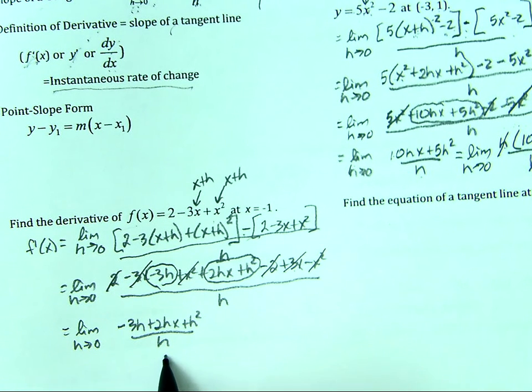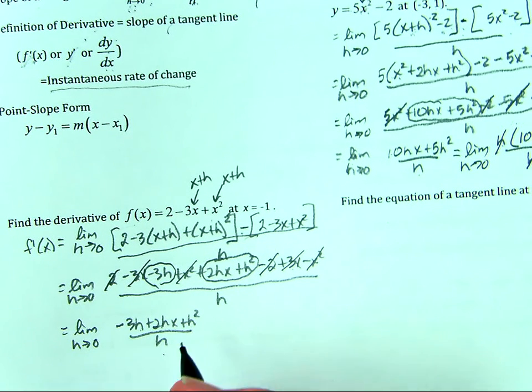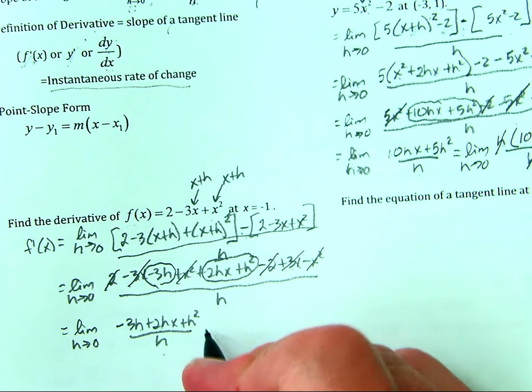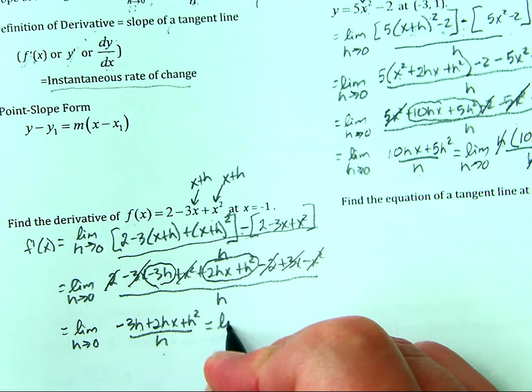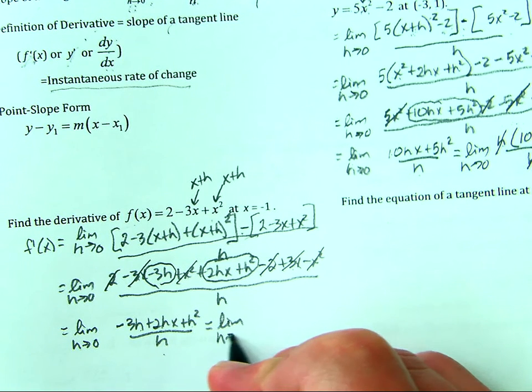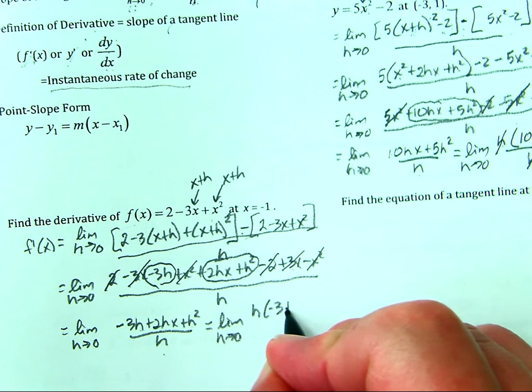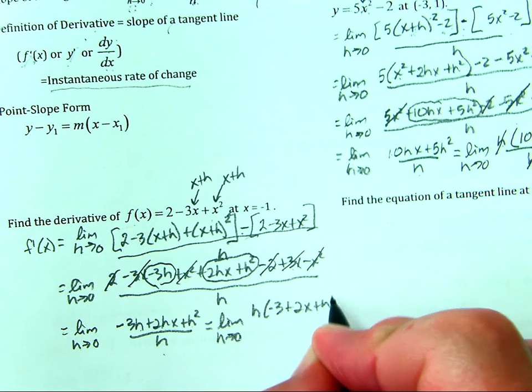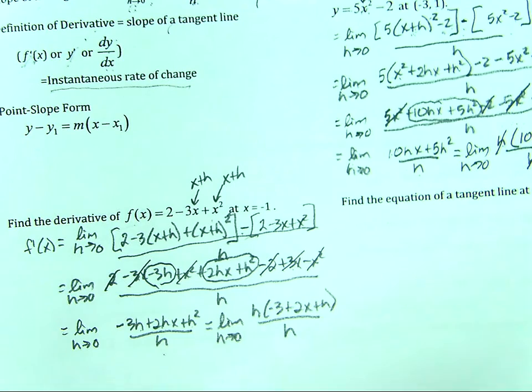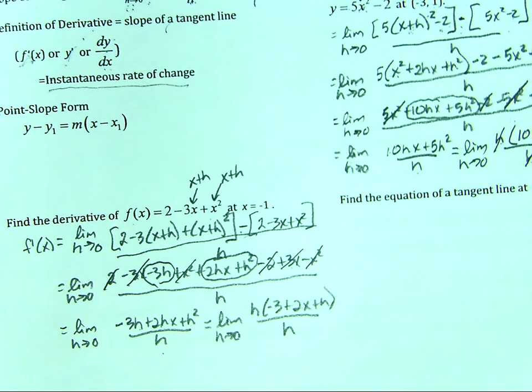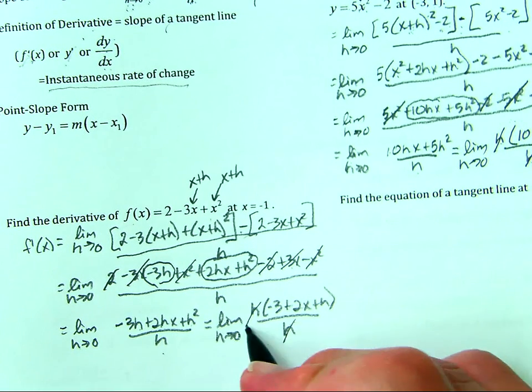Now we still have an h on the bottom, so we have to get rid of that. Well, on the top, those all have an h in common. Let's factor that h out of there. So that'll be the limit as h approaches 0. If I factor an h out, that'll be negative 3 plus 2x plus h all over h. Well, now we can divide top and bottom by h.